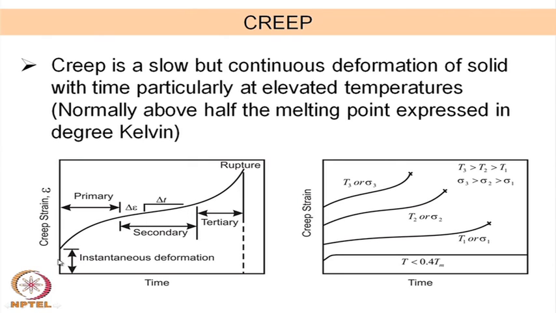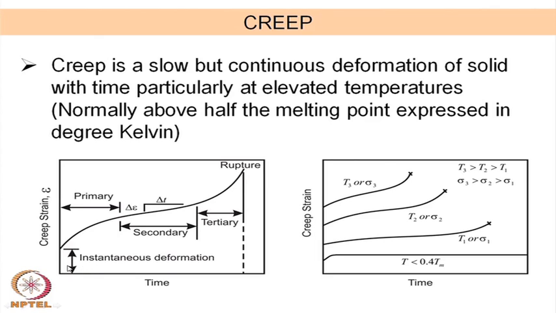There may be plastic deformation, and even if the stress is constant, there will be some amount of deformation as a function of time. So, depending on the time we allow the stress to be operative, there will be a continuous rise in strain, and that is a typical creep curve.